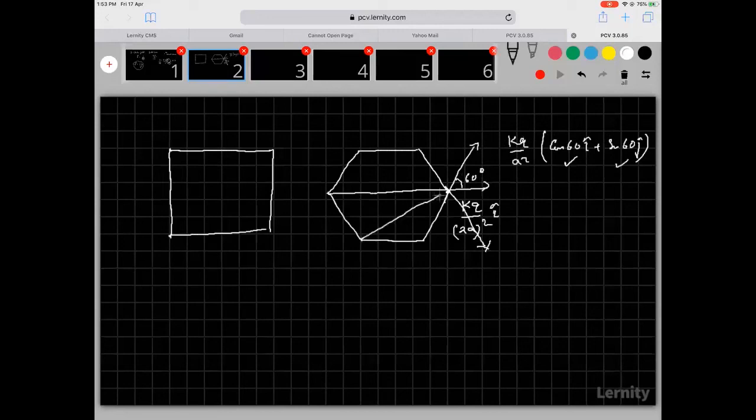Then for this one, this angle will become 30 degrees. So this will become KQ by root 3A the whole squared, again cos 30, sin 30. So now you have those 1, 2, 3, 4, 5 vectors. Now add up the 5 vectors to get the answer. Okay, so that is how you get it.